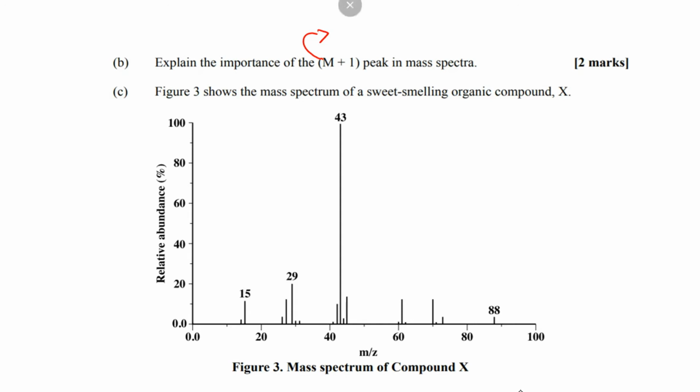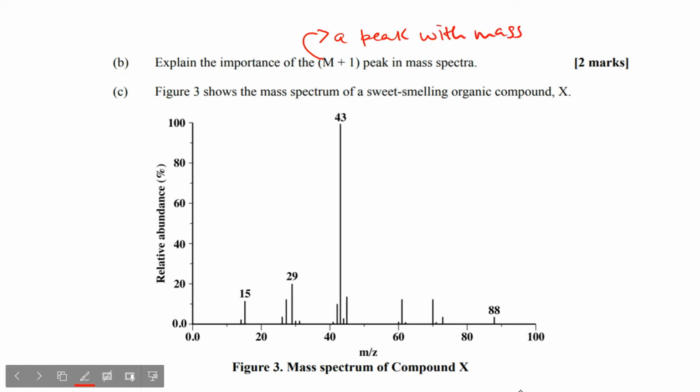So it is the M+1 peak, a peak with mass 1 unit heavier than the molecular ion peak.